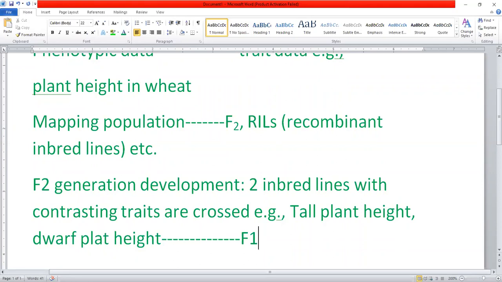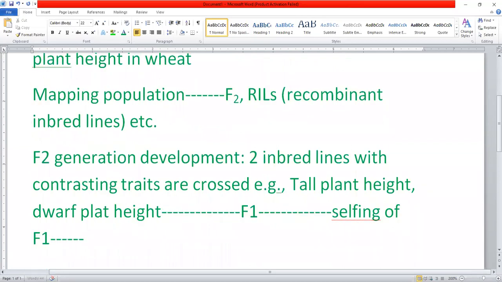Then, by selfing the F1, we get the F2 generation. This F2 generation is the segregating generation. It will have the maximum segregation.